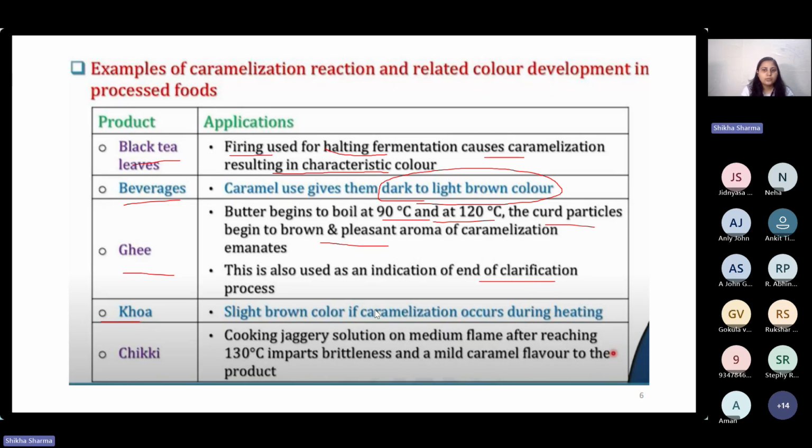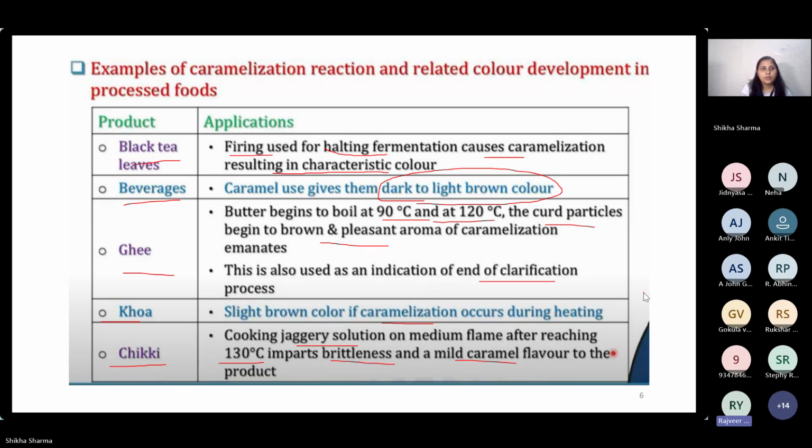Also in khoa, we can see a slight brown color and white color, if we prepare kalakand or some other sweets, so we can see caramelization. And in chikki also, where jaggery solution is heated to a very high temperature around 130 degrees Celsius, it imparts a mild caramel flavor and also some brittleness.